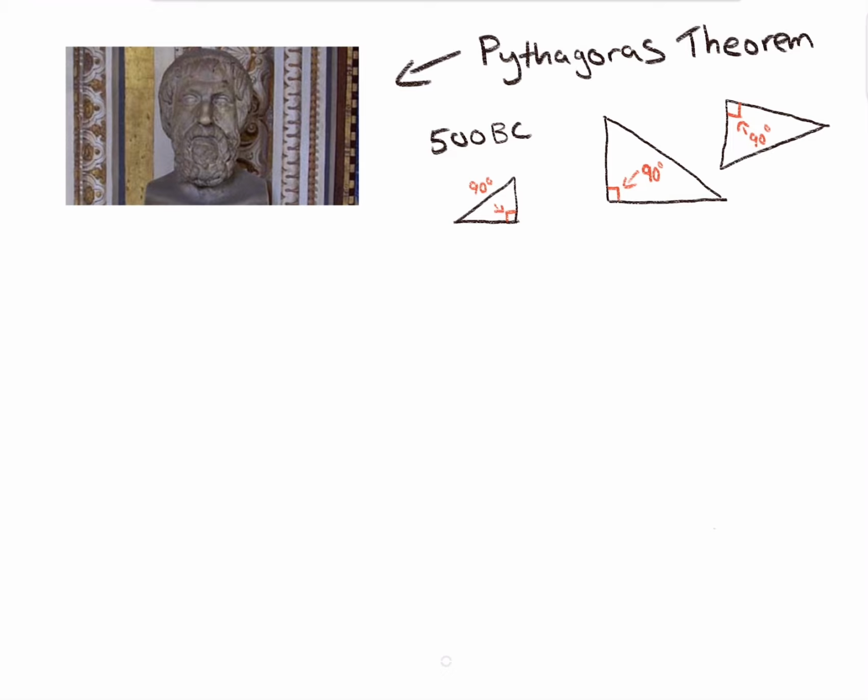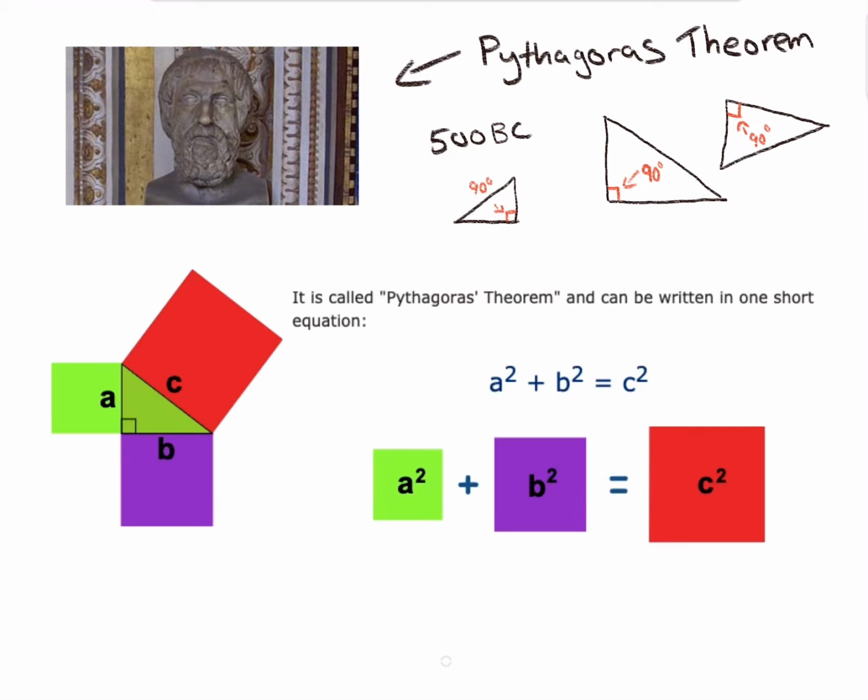So Pythagoras discovered that if you have a right-angle triangle and you draw a square, and let me just get a colored pencil, on each side of a right-angle triangle, I'm just going over it with the pen. A square, remember, has all the same sides equal.